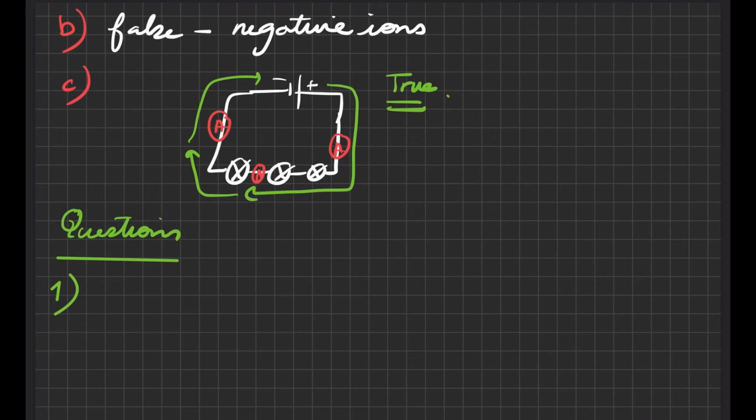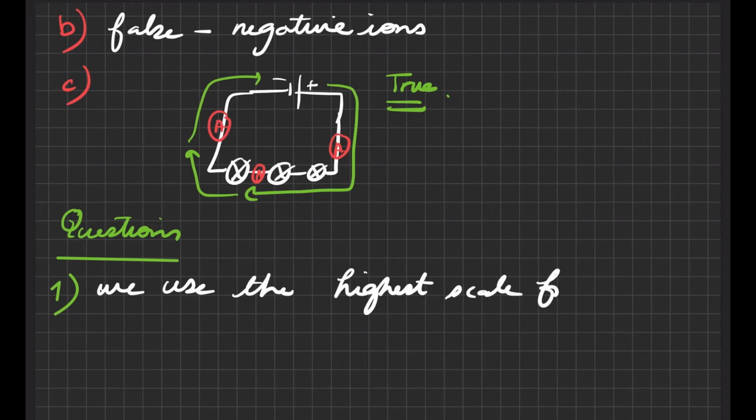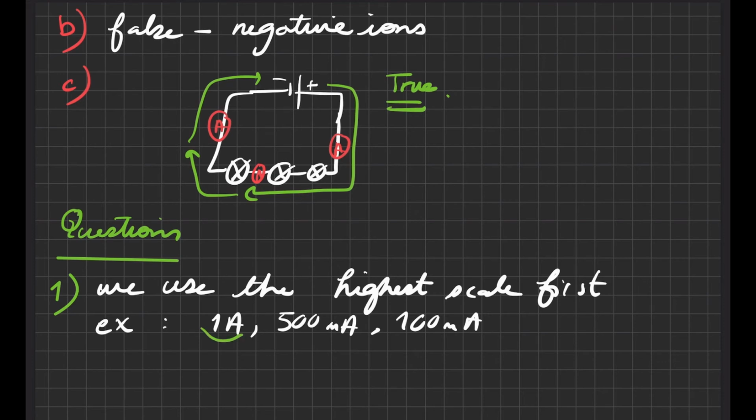So we will answer by saying that we use the highest scale first. Now, for example, let's say we have these scales: 1 ampere, 500 milliamperes, and 100 milliamperes. When we first want to measure the current, we choose 1 ampere.